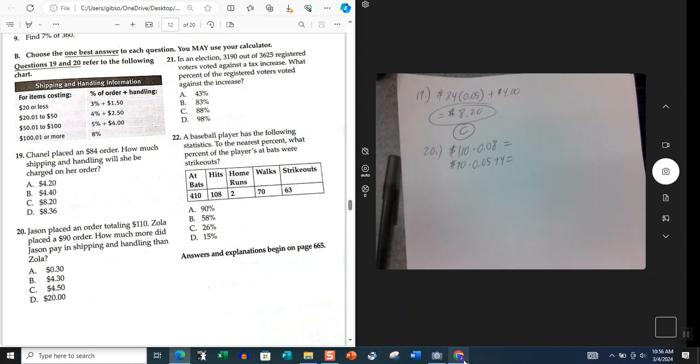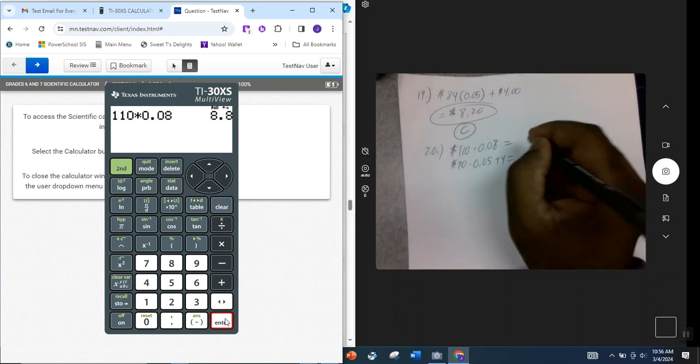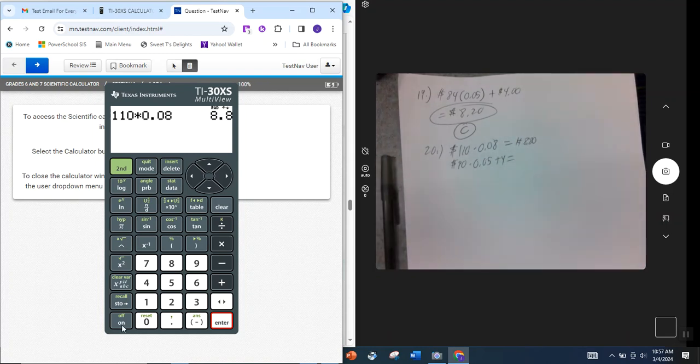So let me put this in a calculator. So we have 110 times 0.08. That gave us $8.80. Then we would take the $90 times 0.05 plus $4.